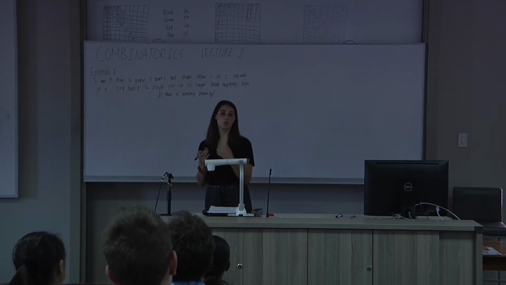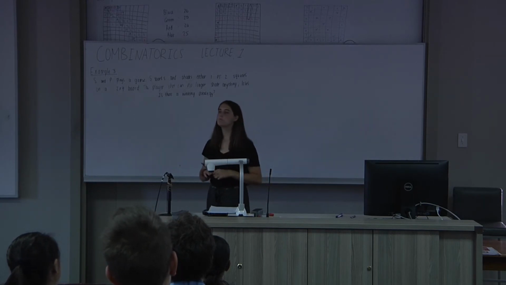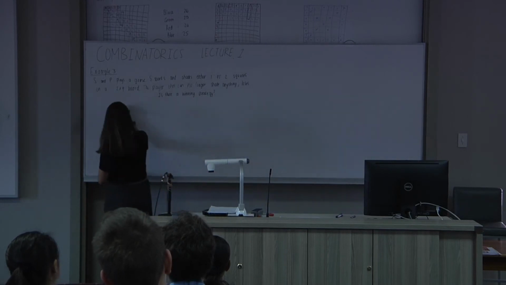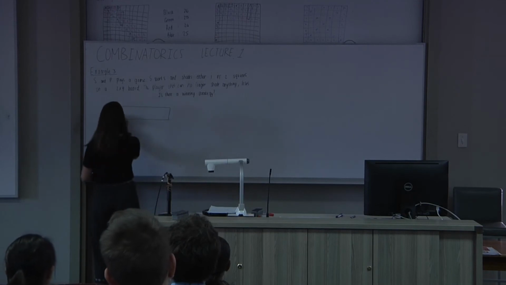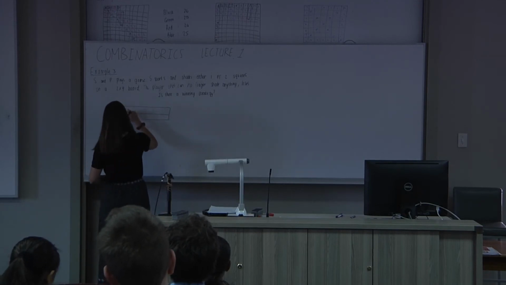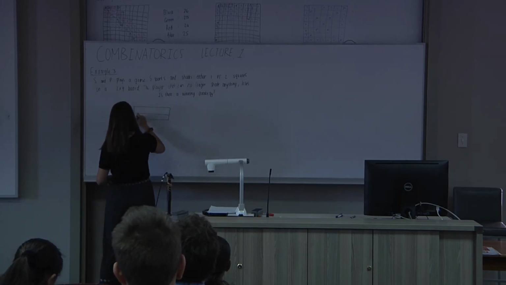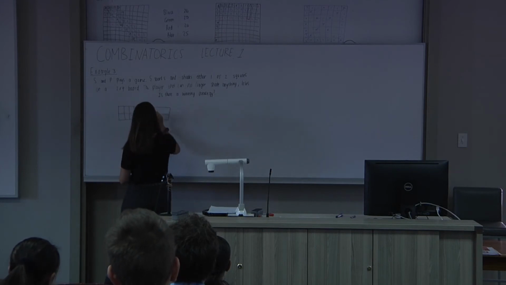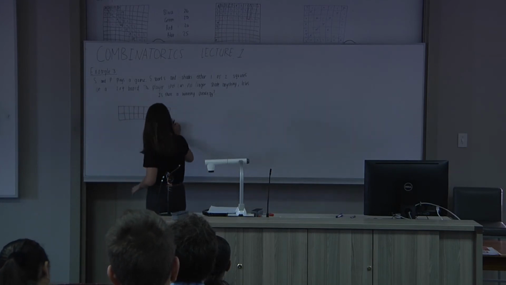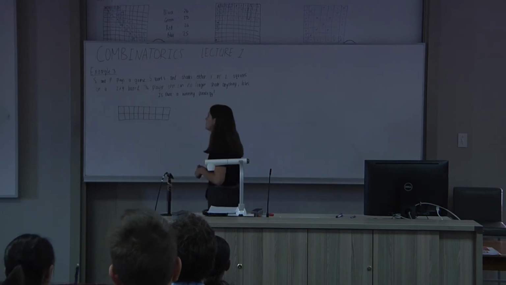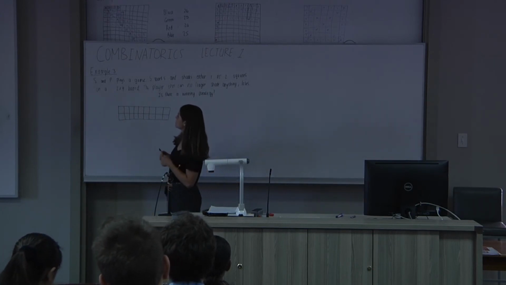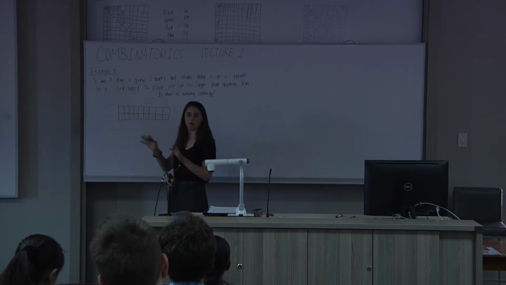Does it matter where they shade these blocks? No. Okay, so you can just shade anywhere. Let's draw this quickly. So if player 1 shades there, you just shade 1 block anywhere.